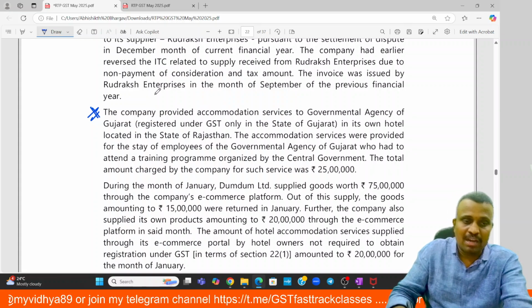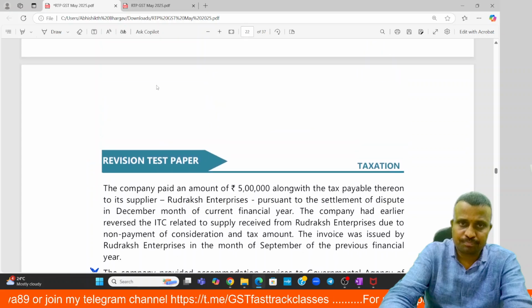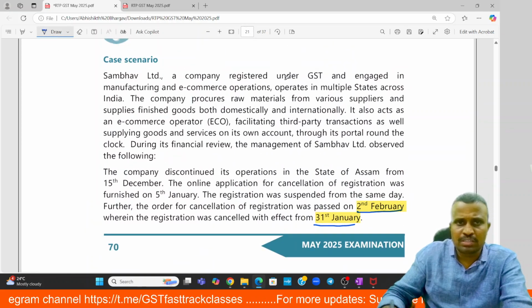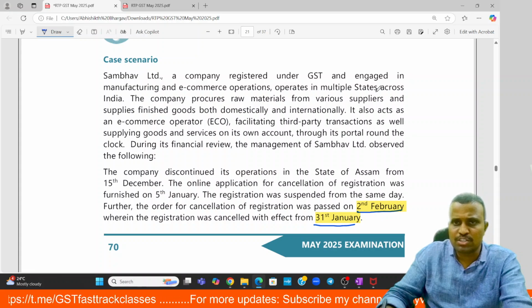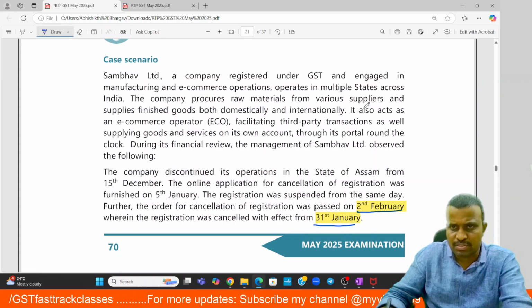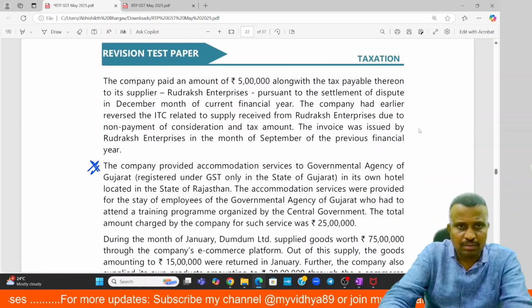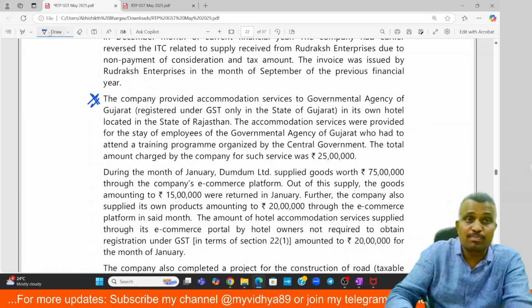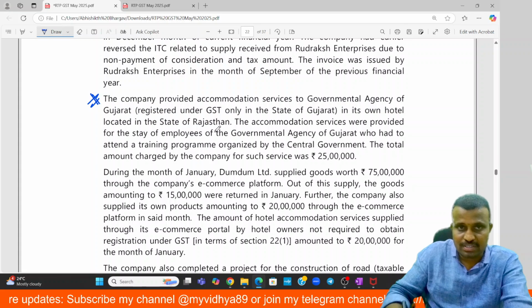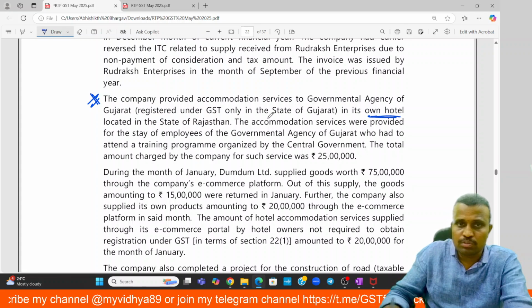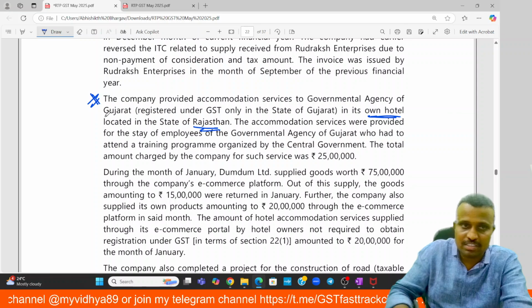So where is the supplier first of all? The supplier is a registered company engaged in manufacturing and receiving supplies across multiple states. He is providing accommodation services in his own hotel, which was located in the state of Rajasthan.